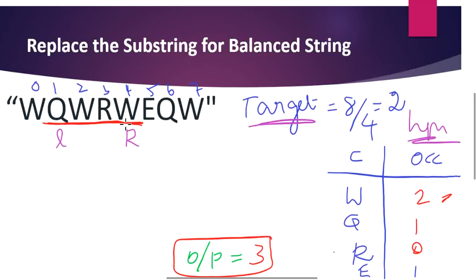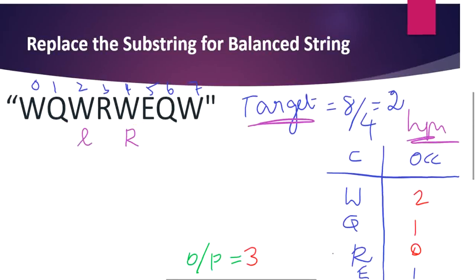We are going to check whether we can further optimize this substring window to reduce the length of the substring. So it's time to move our left pointer. So as we move our left pointer to W, we are going to check whether replacing the substring from L to R makes our string balanced. So we have omitted Q before the left pointer, so we have to increment Q as we moved our left pointer.